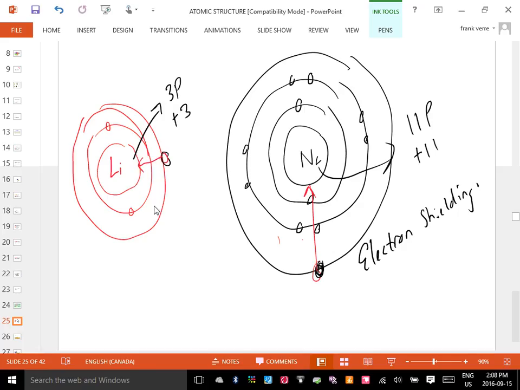So even though sodium has a stronger nucleus, the outer electron is really, really far away, so it's easier to steal that electron than it is to steal the electron from lithium. So the easier it is to steal the electron, the lower the ionization energy would be.